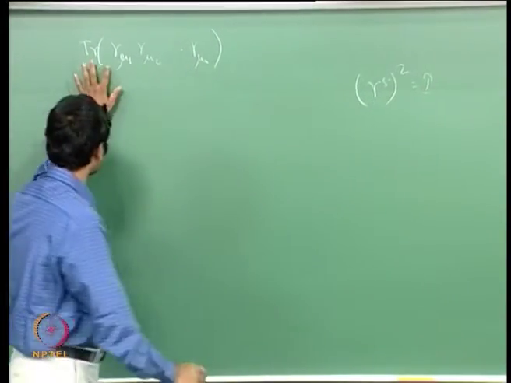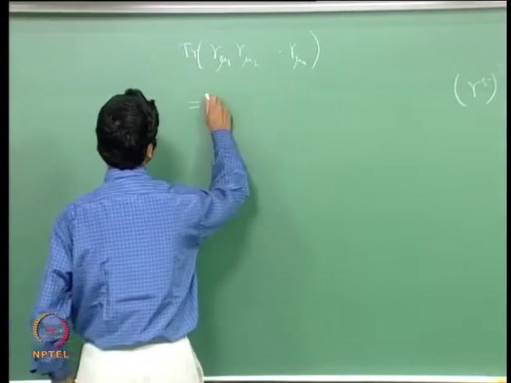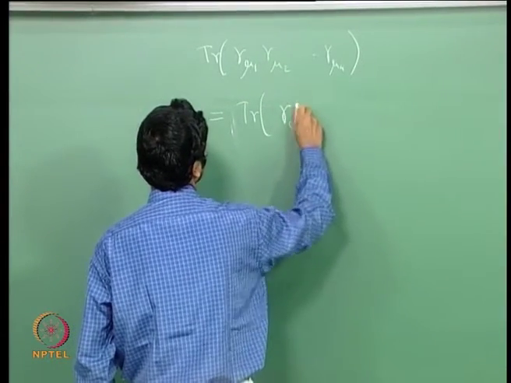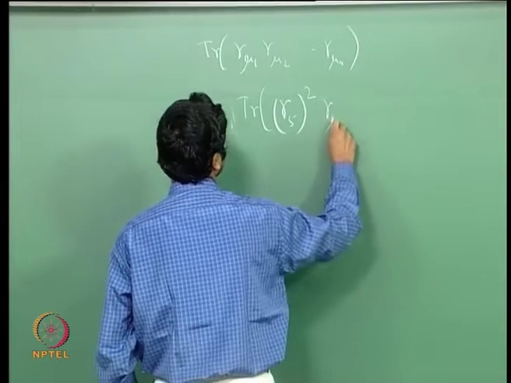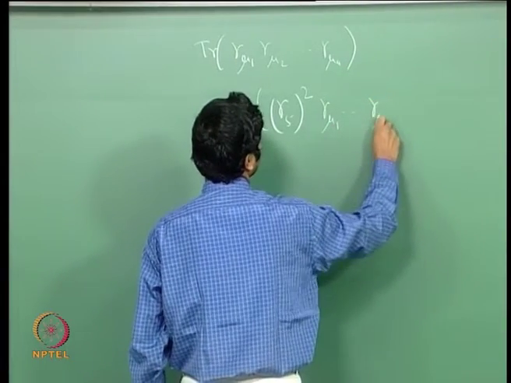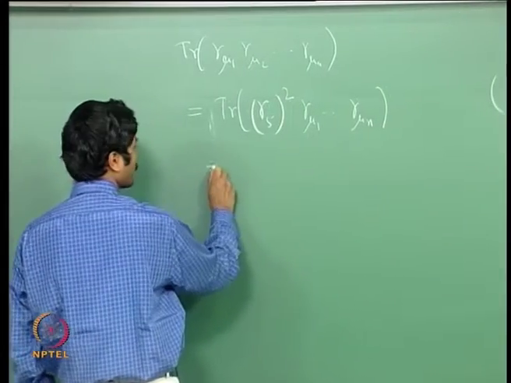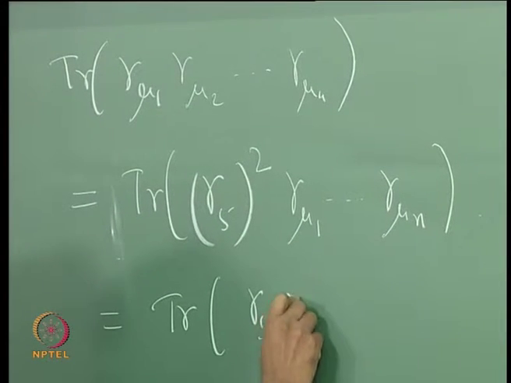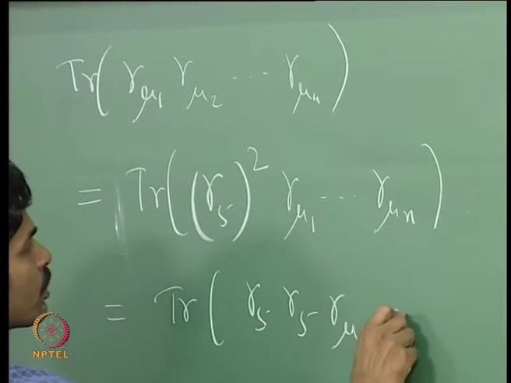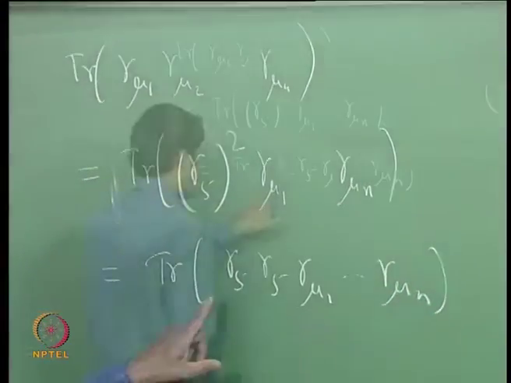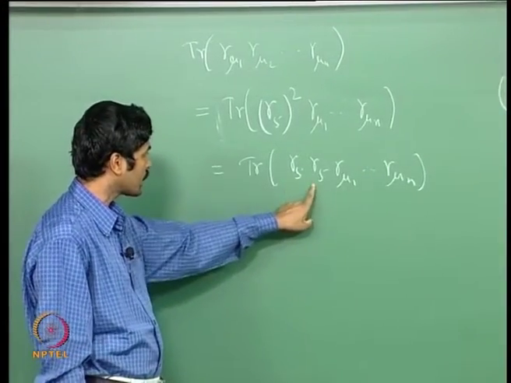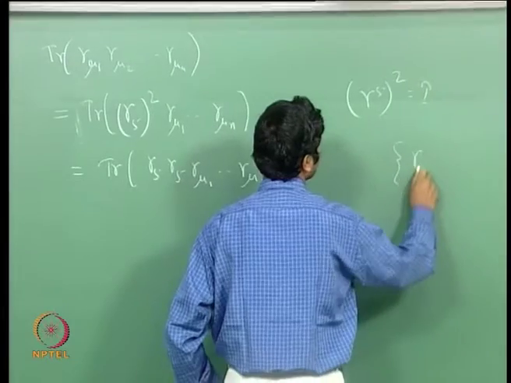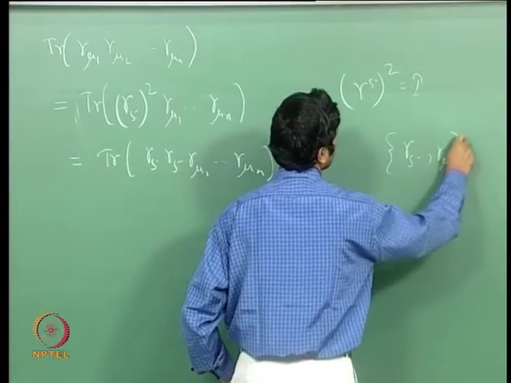So, we will insert an identity here, and when we do that, this is simply trace of gamma 5 square gamma mu 1 up to gamma mu n, and this is just equal to trace of gamma 5 gamma mu 1 up to gamma mu n, retaining one gamma 5 here, and the other you take to the extreme right.